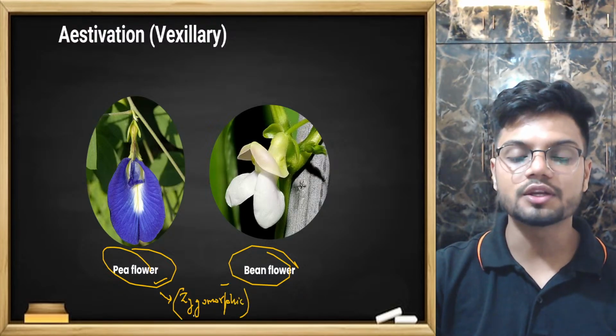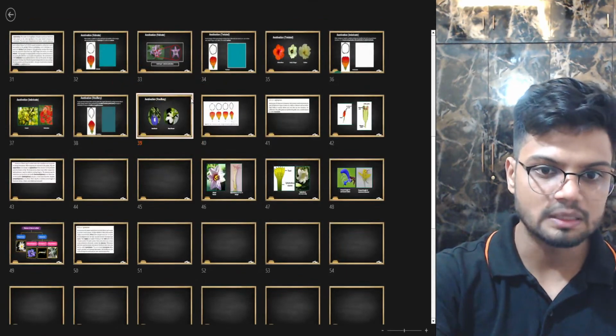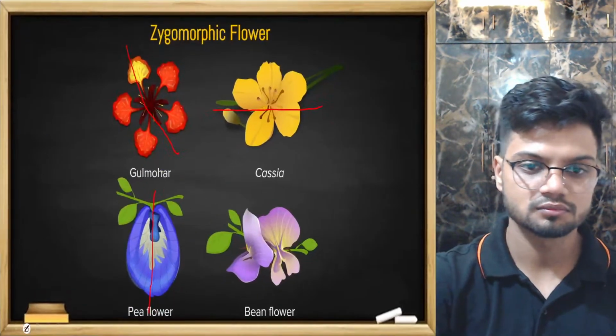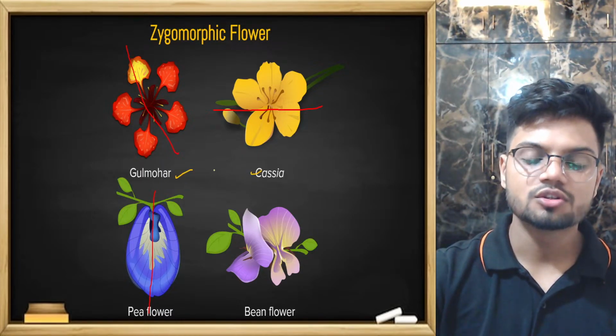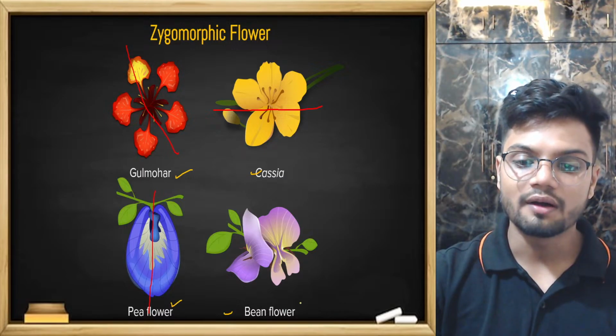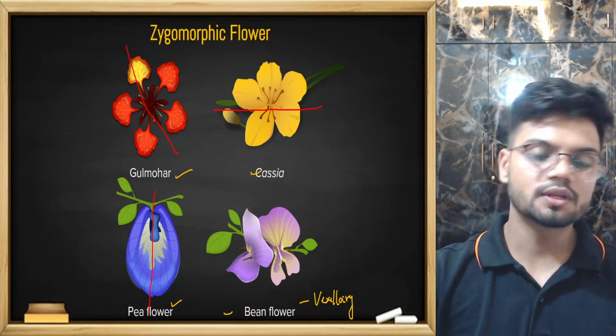Remember the zygomorphic conditions. There are four examples for zygomorphic. Out of these four, Gulmohar and Cassia show imbricate aestivation, while pea and bean show vexillary aestivation. So they can mix and match.